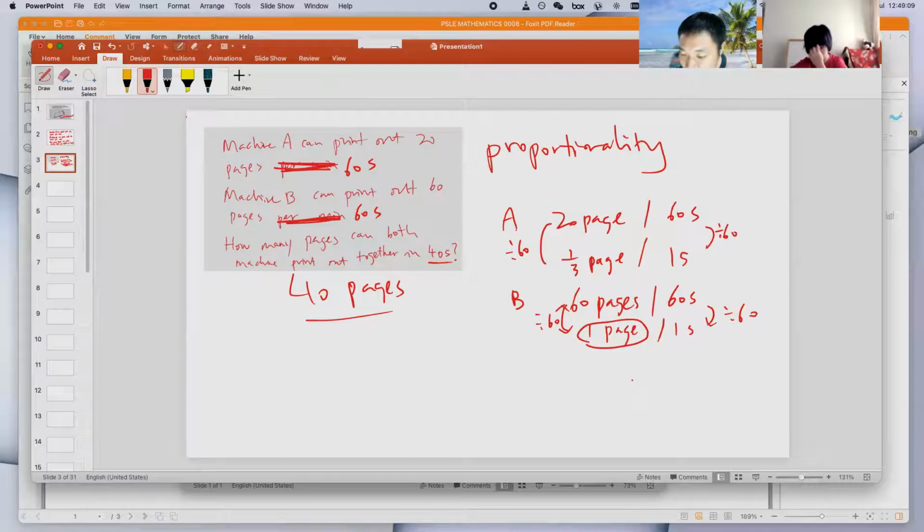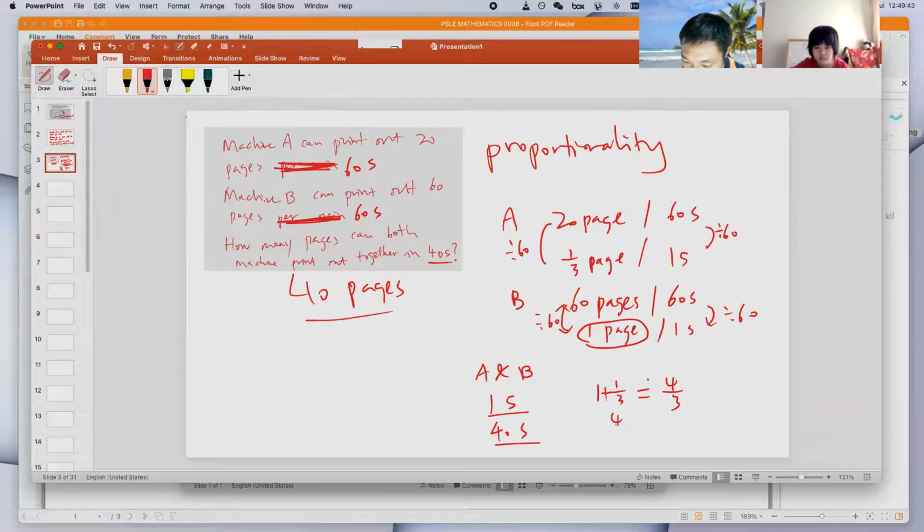With this understanding, if A and B work together, in 1 second I'm going to get 1 and 1/3 pages. So 1 plus 1/3 is 4/3 for 1 second.